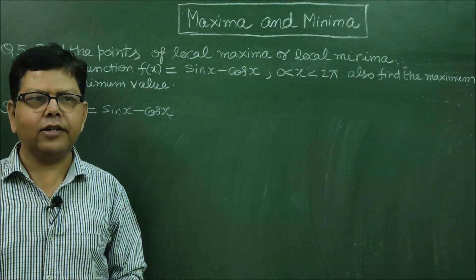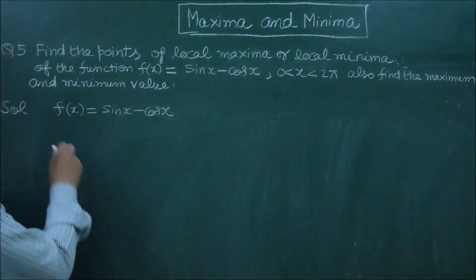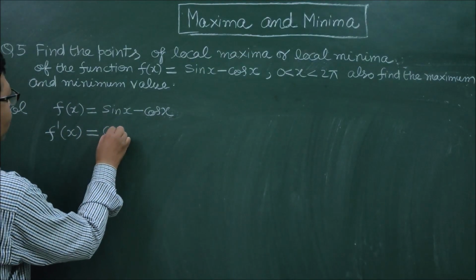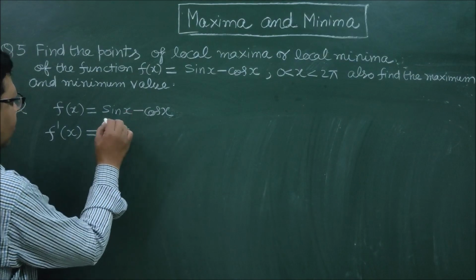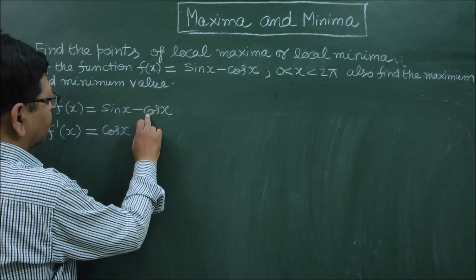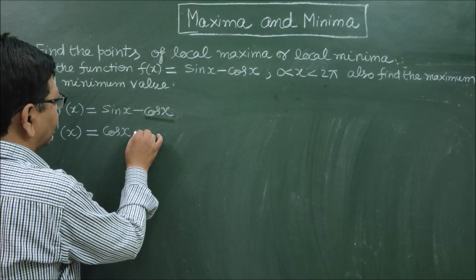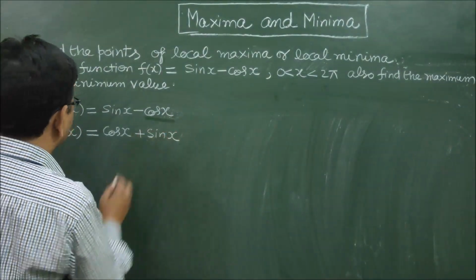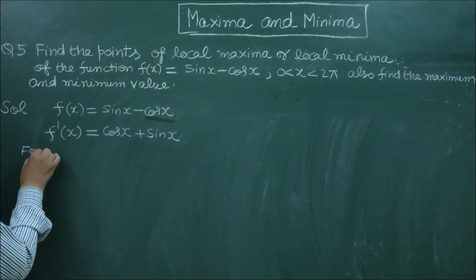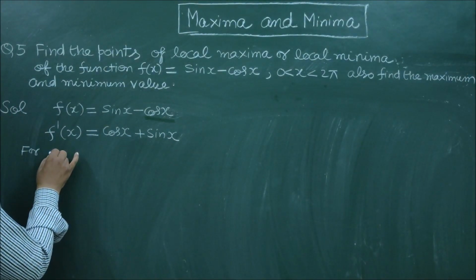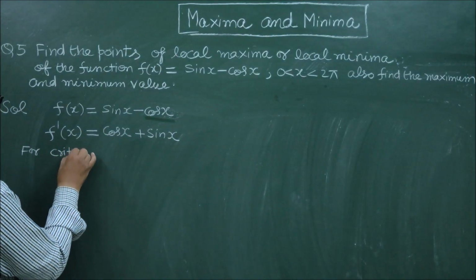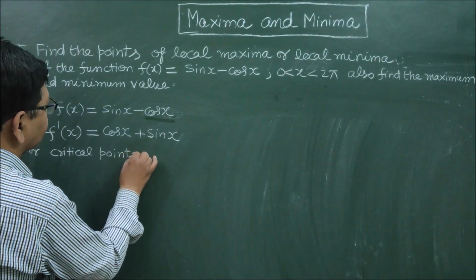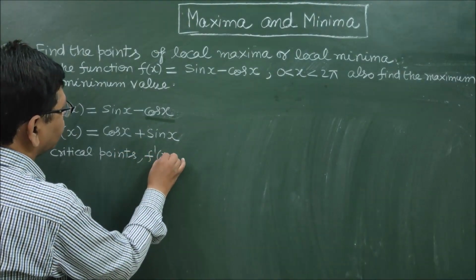For finding the critical points, let us differentiate this function. So f dash x is equal to cos x, and the differential coefficient of cos x is minus sin x, so plus sin x. For stationary or turning points or critical points, f dash x must be equal to 0.